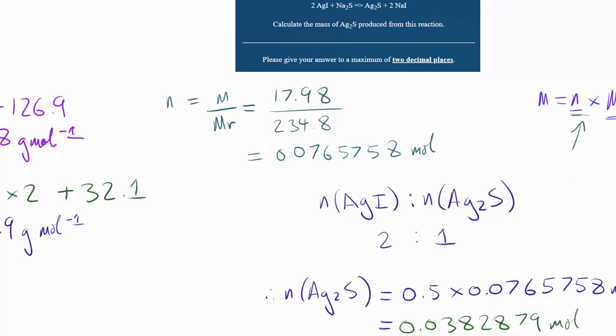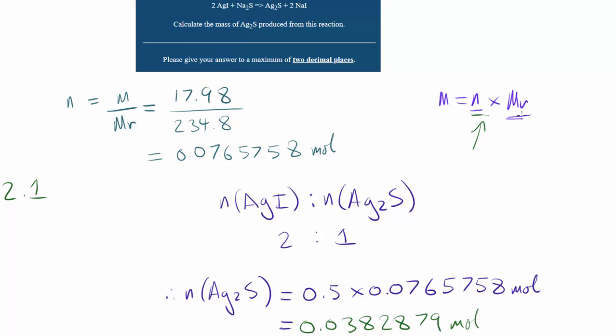Okay, so let's actually refer back to, as we said, M is N times MR. So we now have both values.